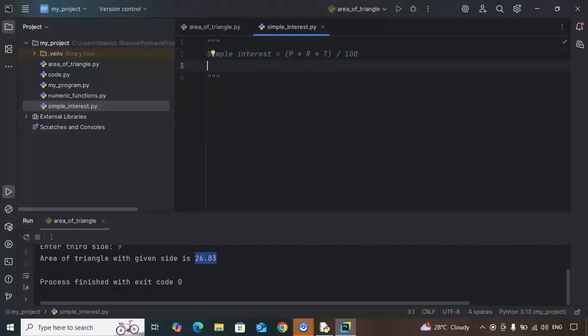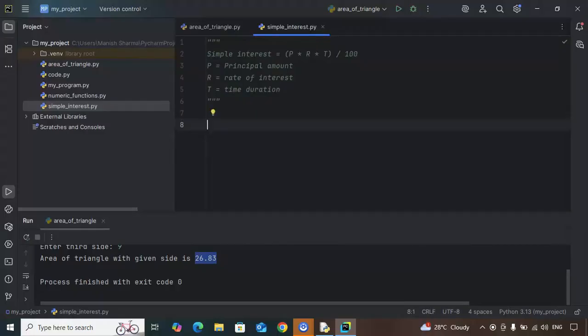What is P? P here is the principal amount. R is the rate of interest. And T is the time duration in years. Simple.